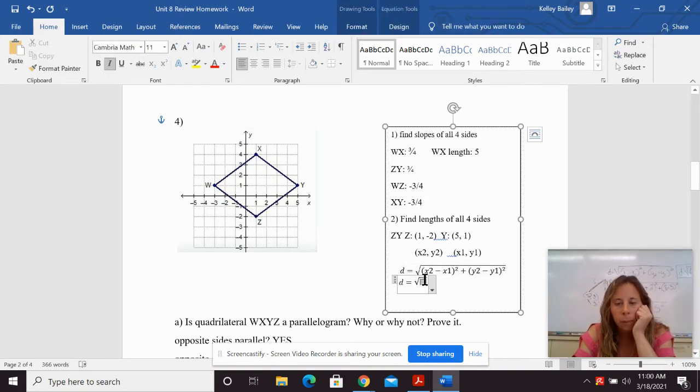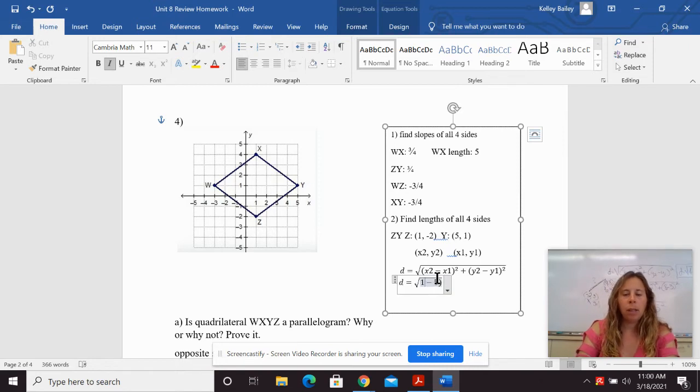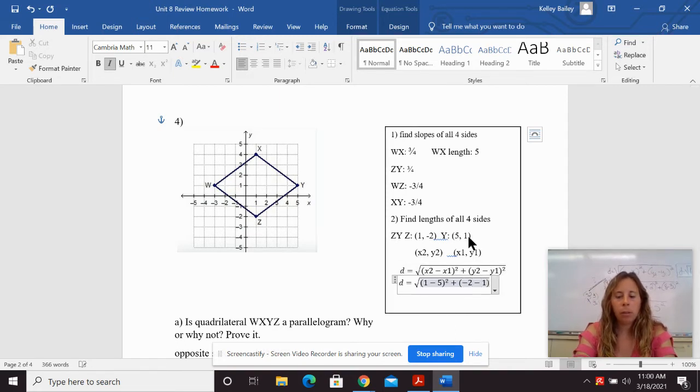Anyways, so x2 minus x1. So that's 1 minus 5, squared, plus y2 minus y1. So y2 is -2 minus y1 is 1, squared.